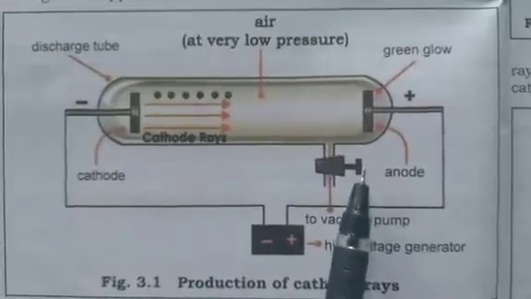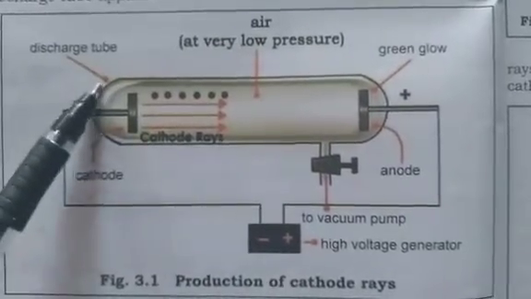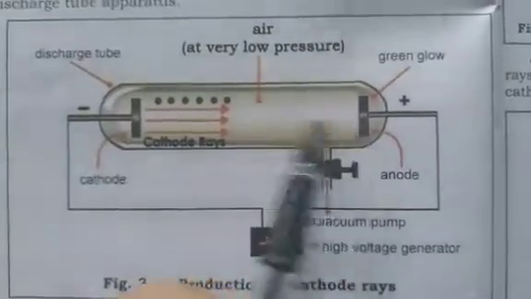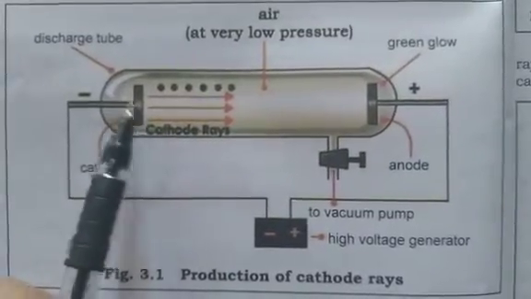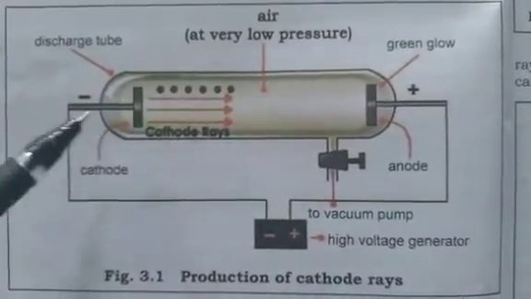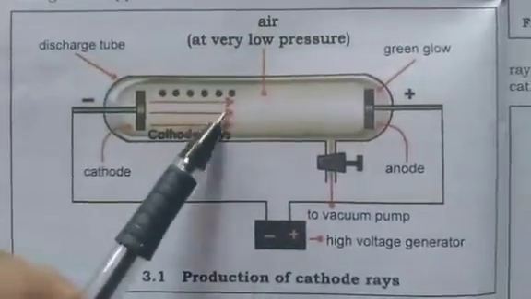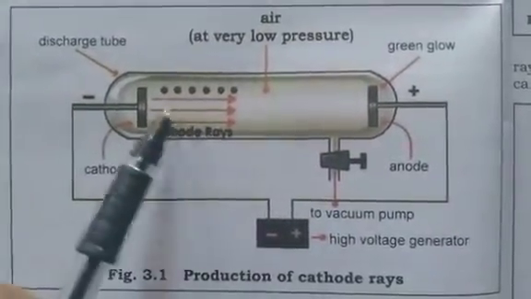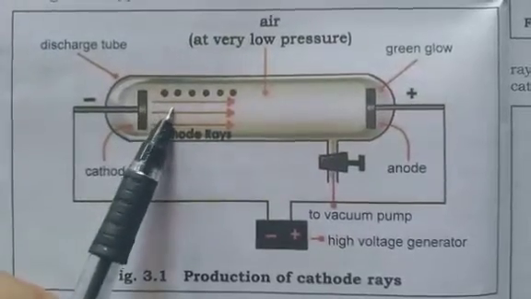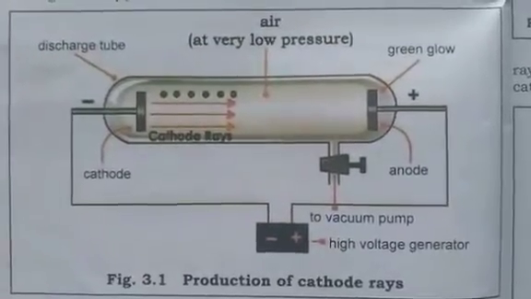Platinum metal electrodes are placed at the ends of this discharge tube, and they are fixed at the end of the glass tube. The pressure is 10 to the power of minus 2 to 10 to the power of minus 6 pascals.